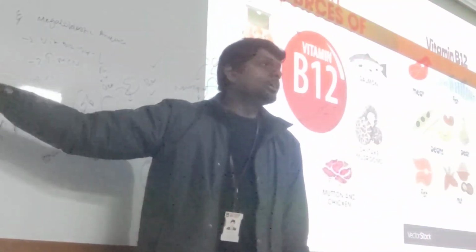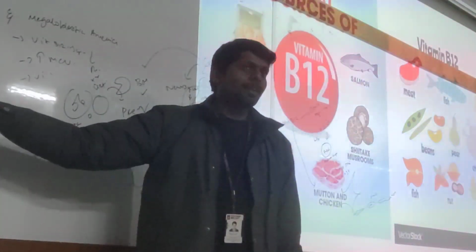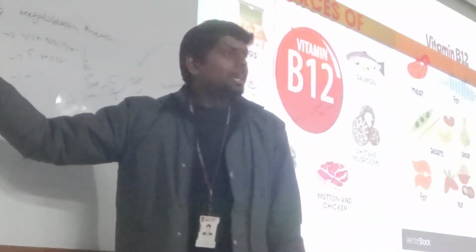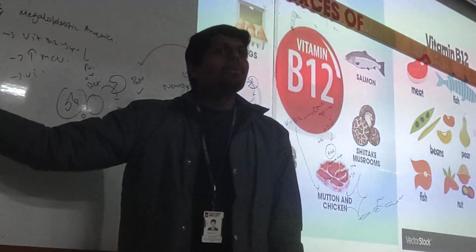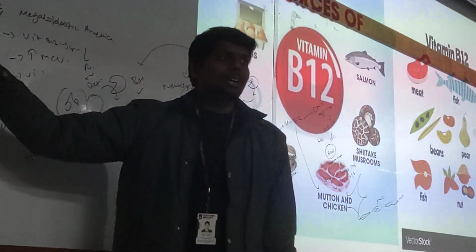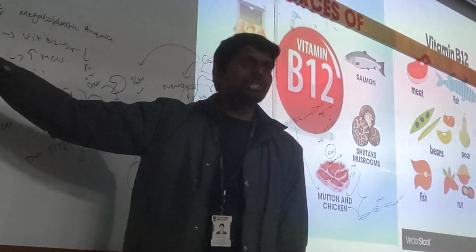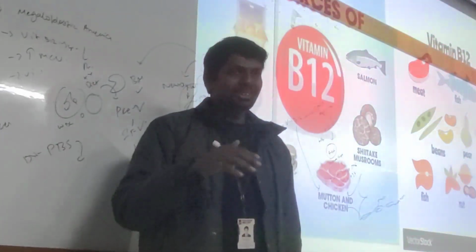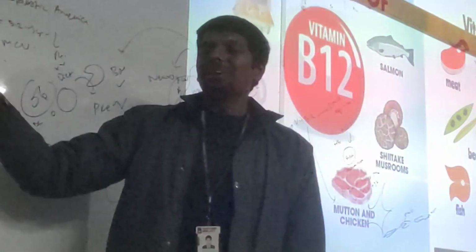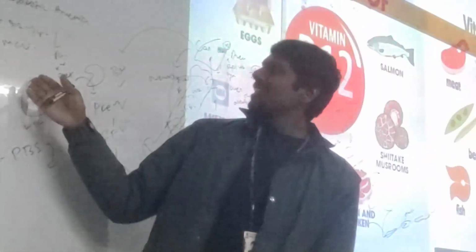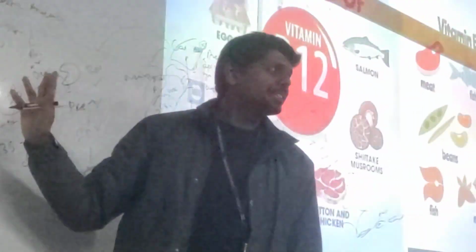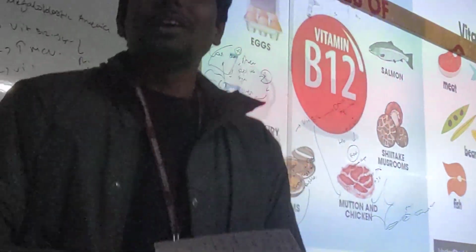We will try to resolve the issue with the GI problem. If you diagnose the intestinal problem, this anemia can be cured. It will disappear, and here you just need to give diet. That's it.